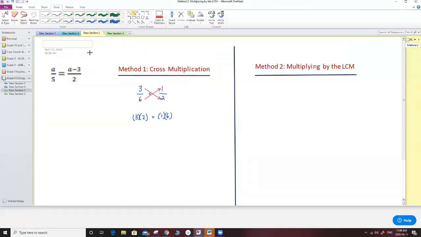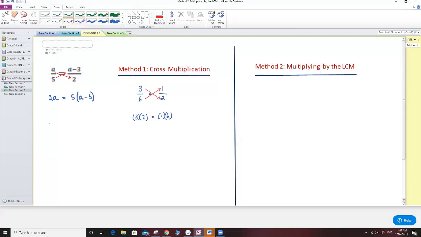That's why we say cross multiplication can help me solve this equation. Why don't I multiply 5 by (a minus 3)? This will give me exactly the same thing as a times 2. So a times 2, that means 2a, equals 5 times (a minus 3).